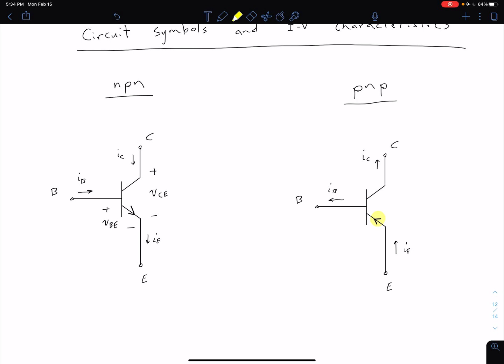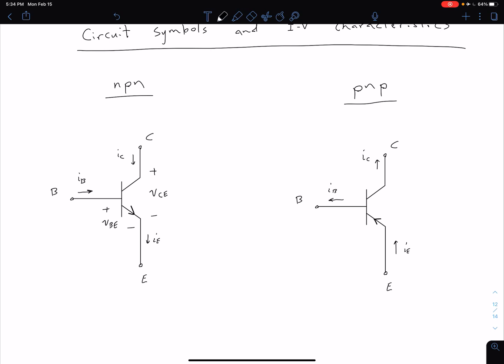It's not uncommon to see the PNP diagram flipped vertically, such that the emitter is on top and that arrow is pointing downward into our transistor, and our collector terminal is on the bottom. Just like with our NPN structure, we'll also often label a couple important voltages.